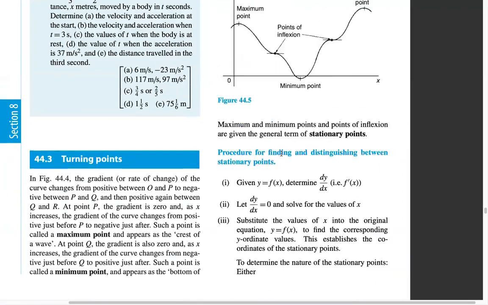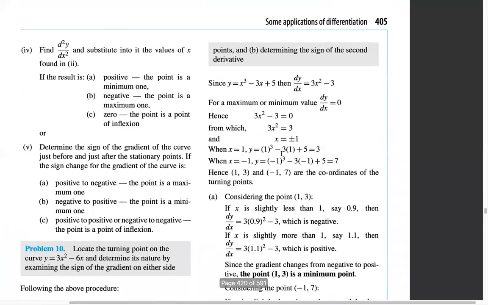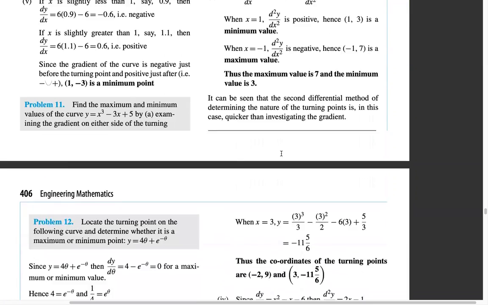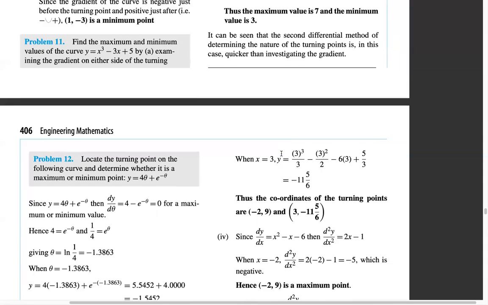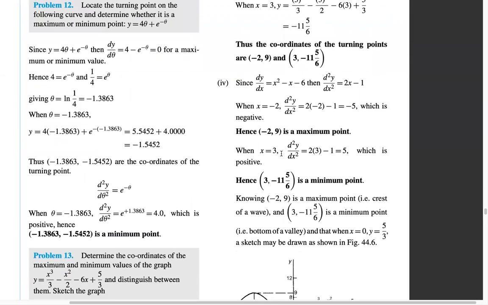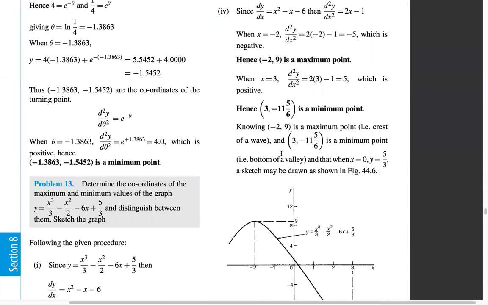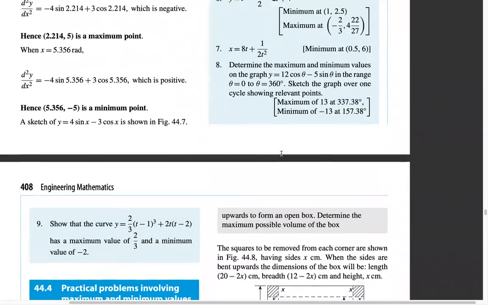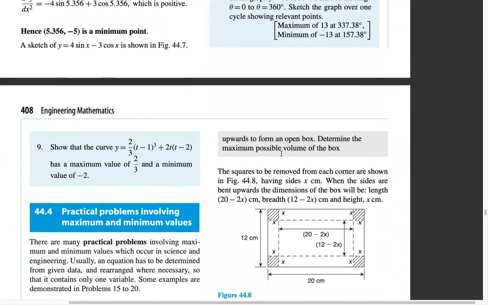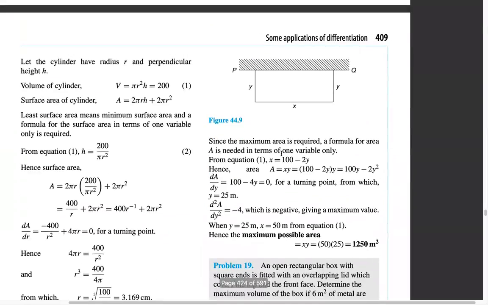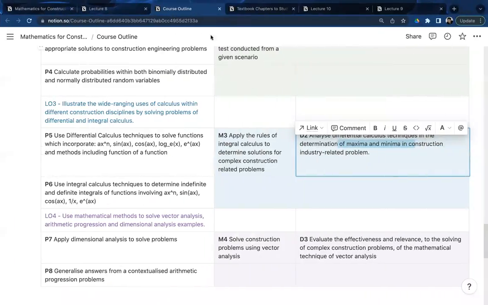You have to be comfortable with this section: how to find turning points on a curve, how to detect the kinds of turning points, since there are 3 kinds of turning points for normal functions of one variable, and how to not only detect them, but say which one is which. So as you see here, chapter 44 is very, very important in addition to 42 and 43.